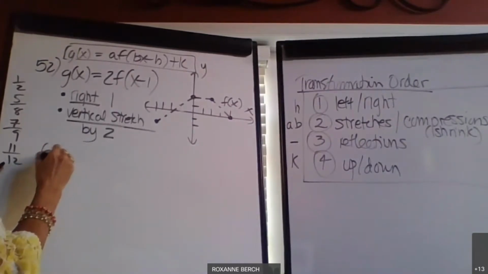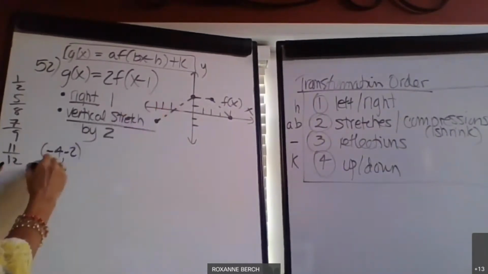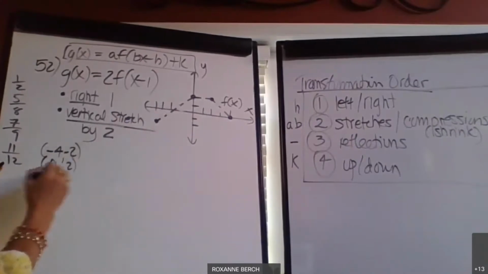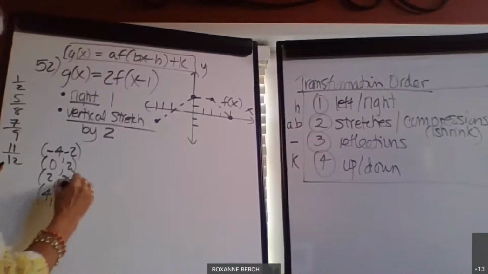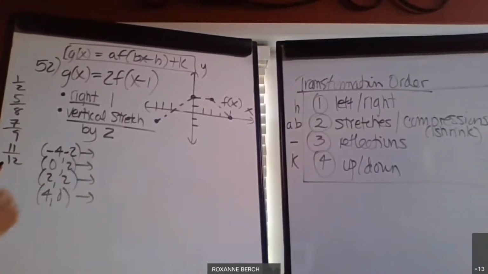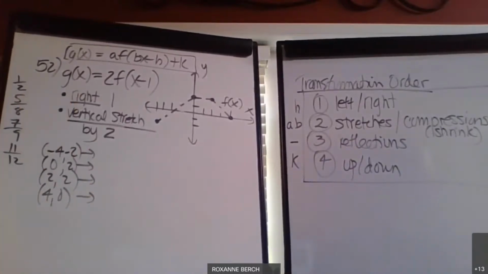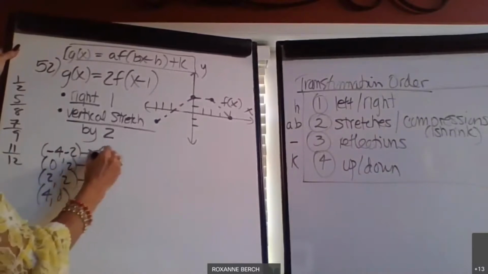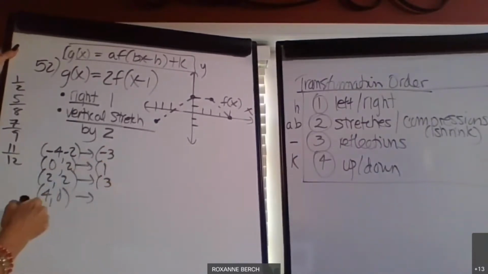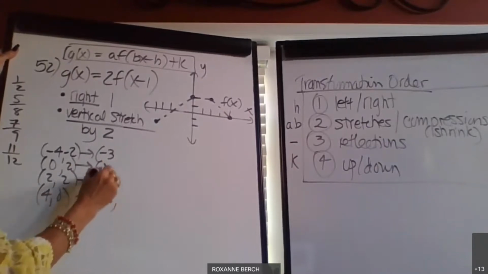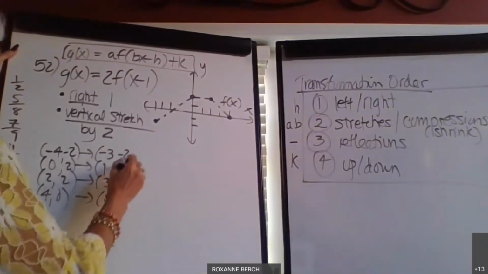So write down your points. Left 4, down 2, 0, up 2, right 2, up 2, and right 4 is 0. So right 1 means add 1 to x. So when you add 1, add 1, add 1, add 1, y stays the same.